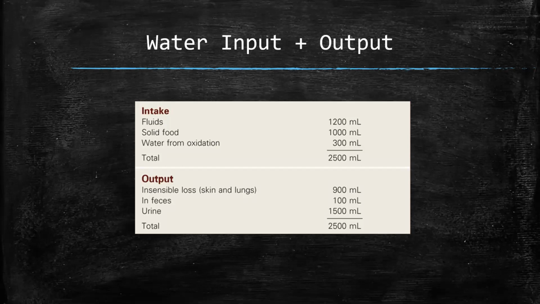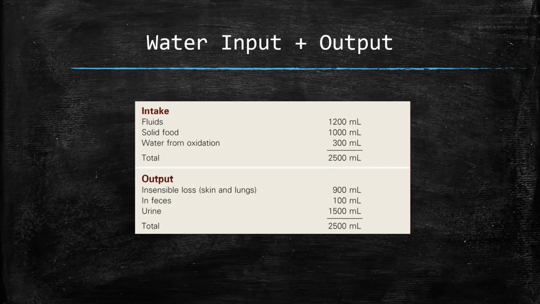Water from oxidation simply means that carbohydrates, particularly glucose, are oxidized to CO2 and water. And so we get a certain amount of water through glucose metabolism. As far as output, we lose a certain amount of water through our skin and lungs, more through the skin than the lungs. About 75% of this insensible loss is through the skin.